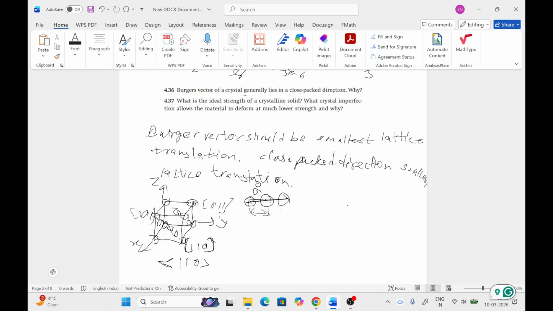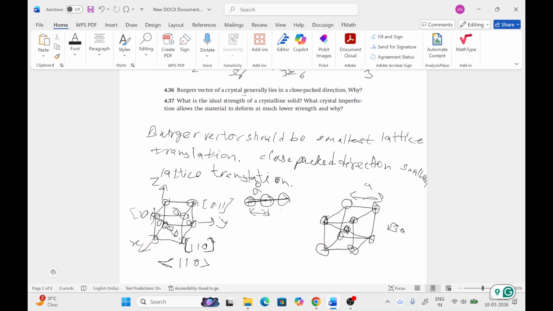Similarly for BCC, we have atoms at the corners and one atom at the body center. When we draw a line along the body diagonal, here this is a, and the body diagonal is root 3 a.